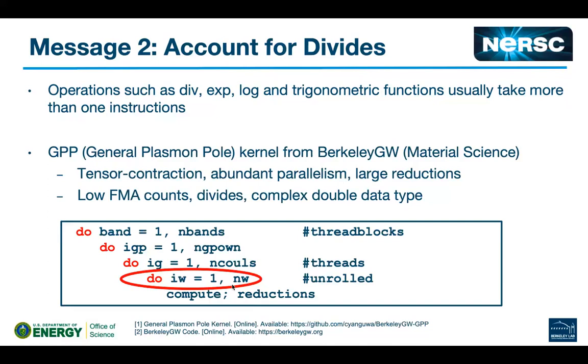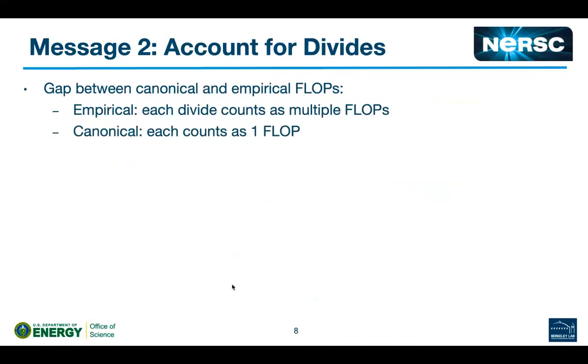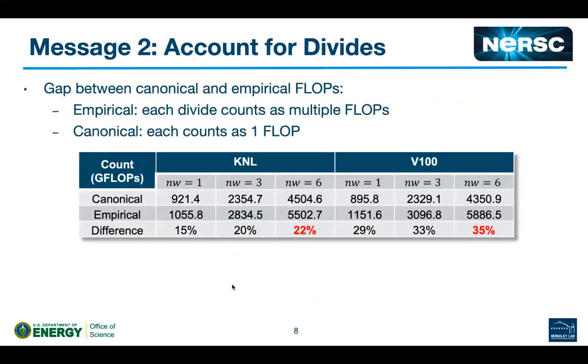But here, just to compare the different ways of counting flops, if we change NW on two different platforms, you can see that at a higher NW value, the difference can be as high as 35%, and that's not negligible.